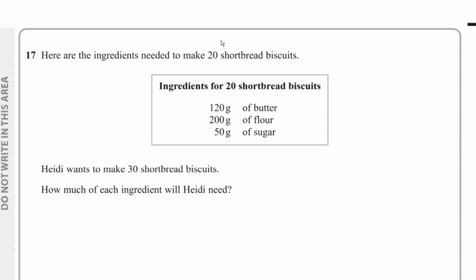Well, what is our scale factor? To go from 20 shortbread biscuits to 30 shortbread biscuits, our scale factor will equal 30 divided by 20, which is 1.5. So I need to multiply each of these ingredients by 1.5.